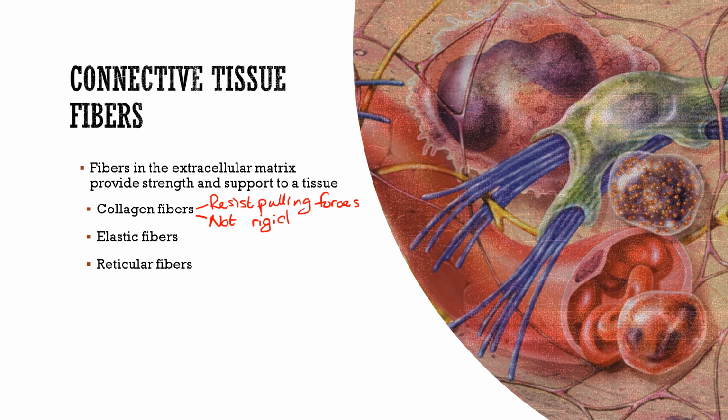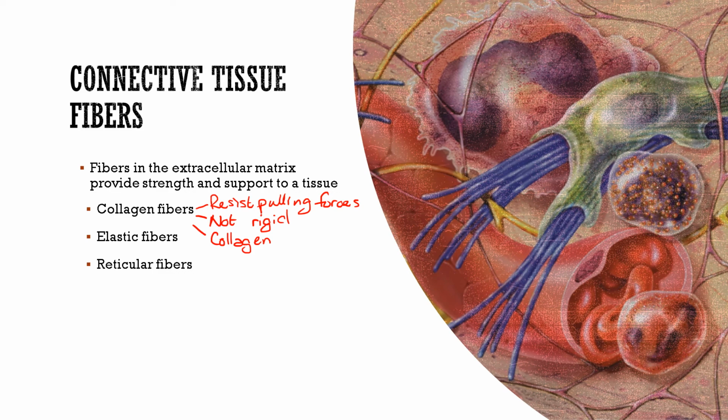Now, chemically, collagen fibers consist of the protein collagen. It's in the name. And collagen is the most abundant protein in your body. It represents about 25% of all the proteins in your body.